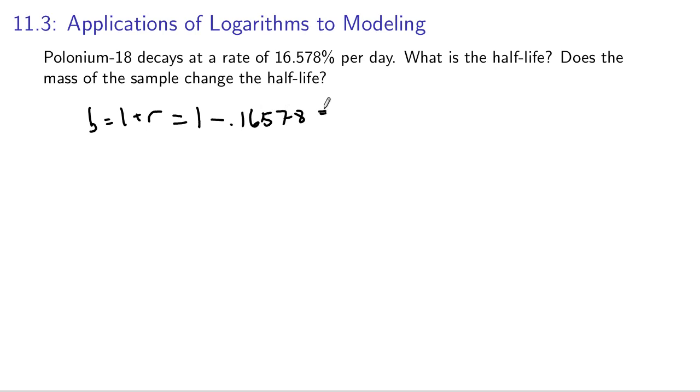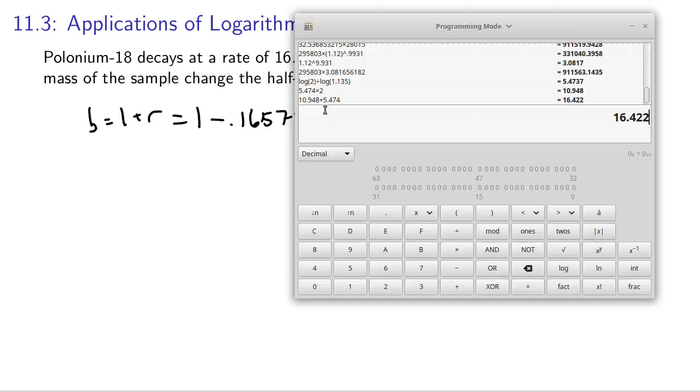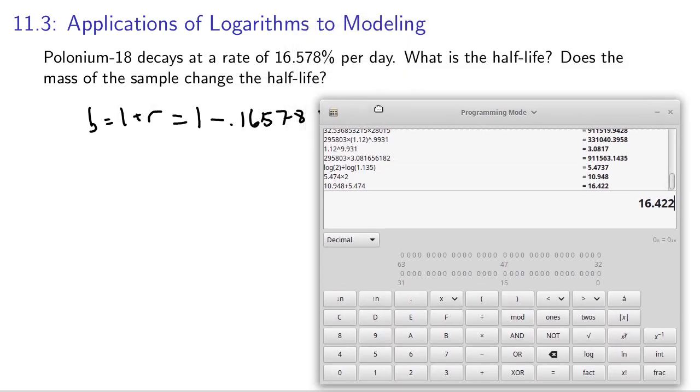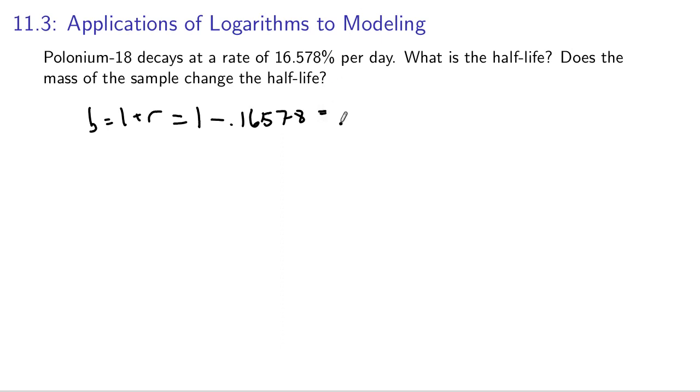So b will become 1 minus 0.16578, 0.83422. 0.83422 is b.